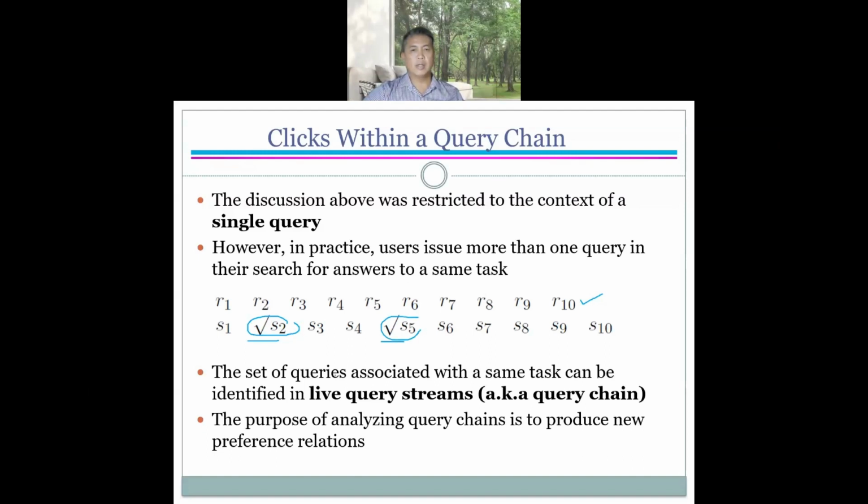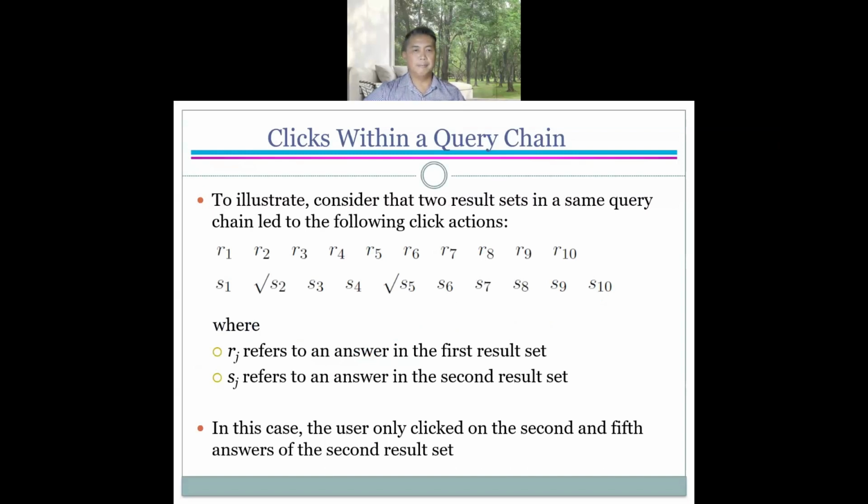We cannot say that S2 is more important than S5, but we can make assumptions about S2 with regards to other documents. For this one, we have two sets here. This is the first set. This is the second set.